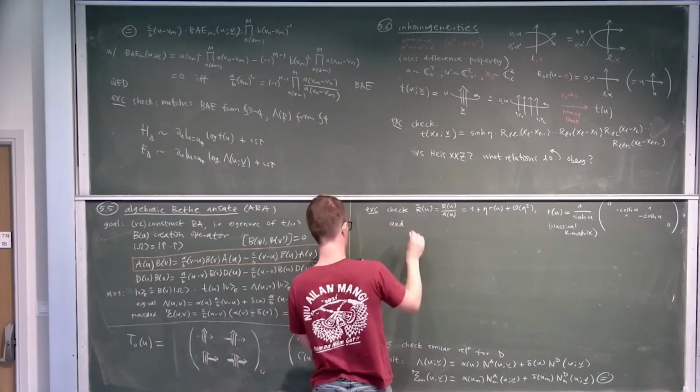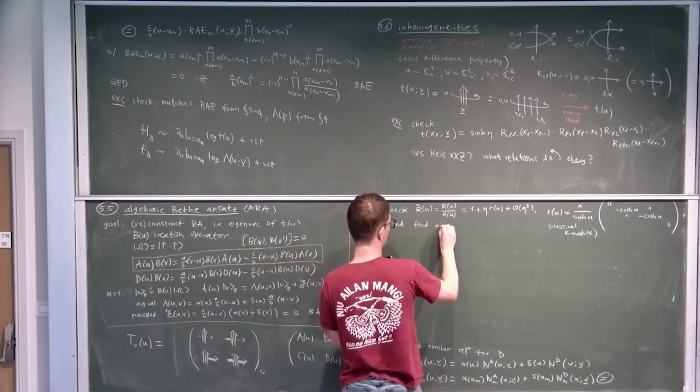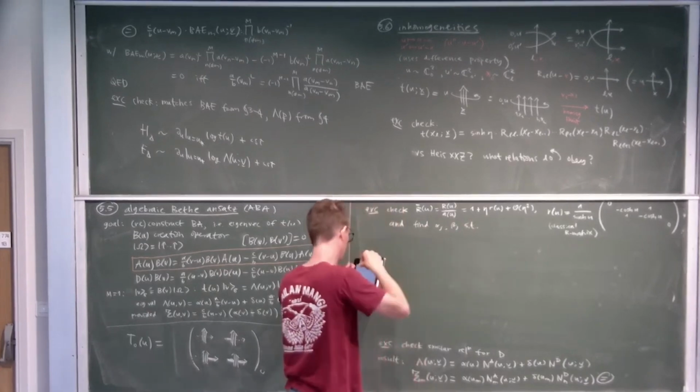once we understand that this is true, then find the coefficients alpha_l and beta_l such that the following relation is true.